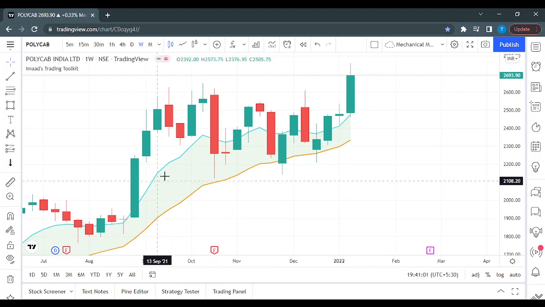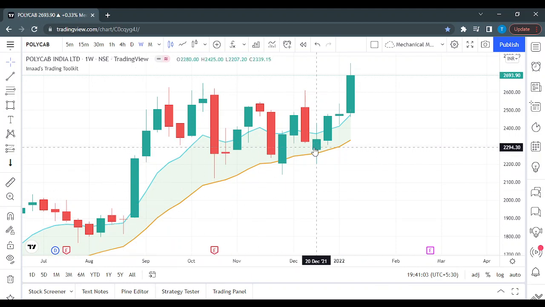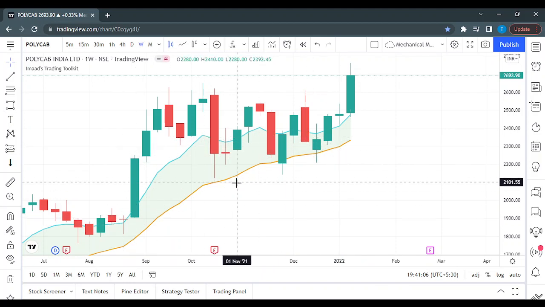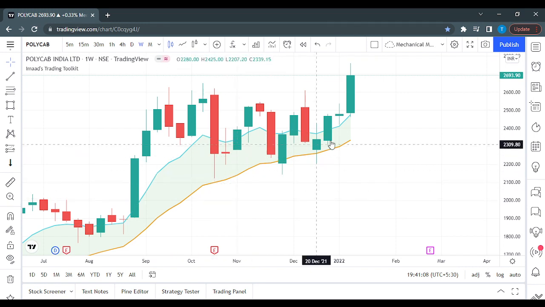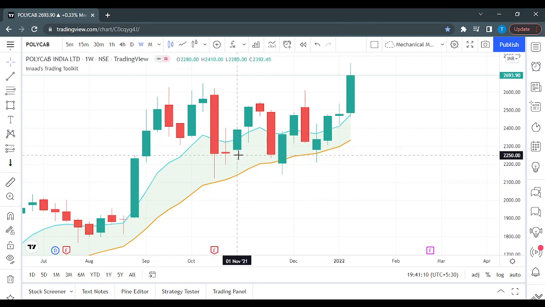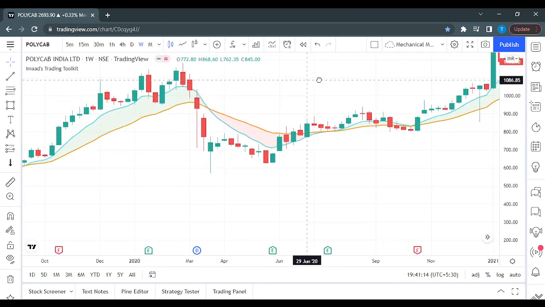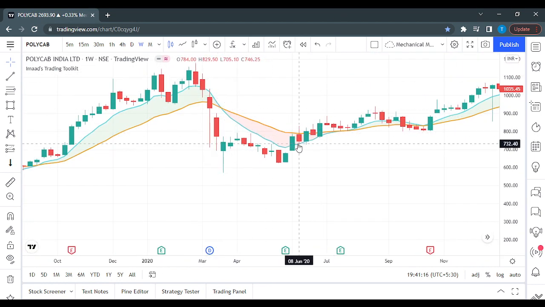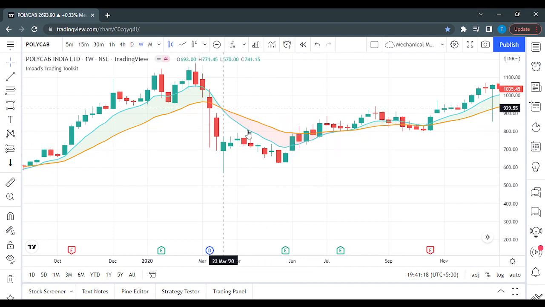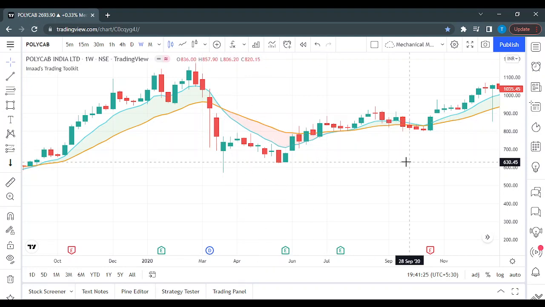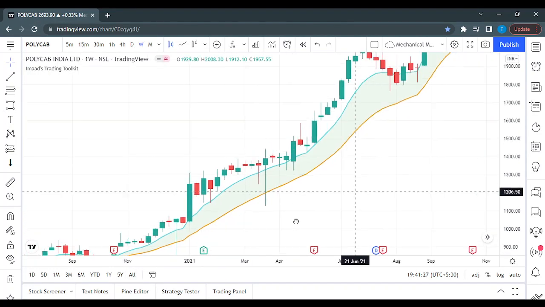I've designed my moving averages in a way that if the 80 EMA is above the 20 EMA, it gives me a green shadow, a green cloud. If the 80 EMA is below the 20 EMA, having crossed under it, it will give me a red cloud, indicating that this is in a bearish phase, or a bearish trend.